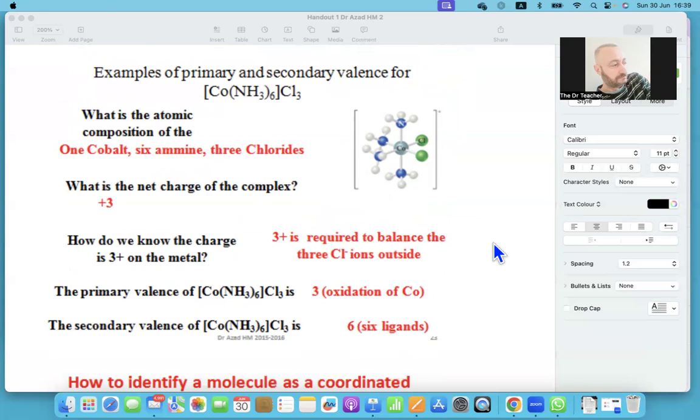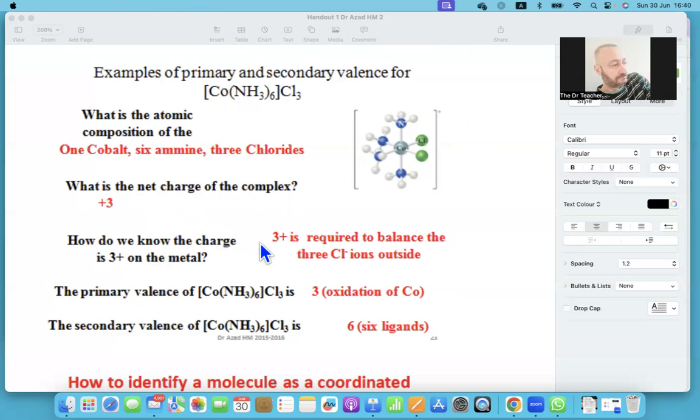So now, what is the atomic composition of the 1 cobalt 6 amine 3 chloride? 1 cobalt, 6 amine, 3 chlorides, because 1 is outside, so 2 inside. What is the net charge of the complex? The net charge is +3.